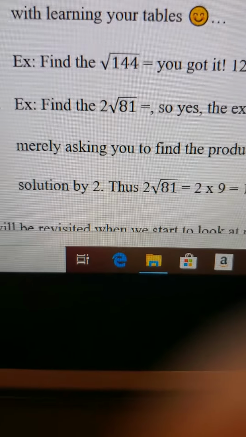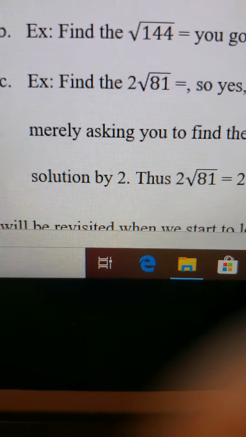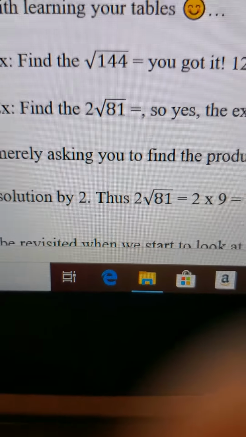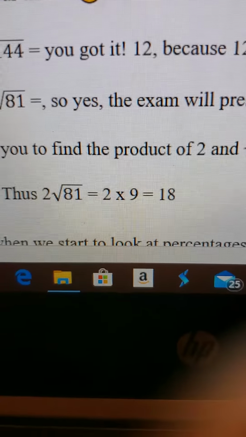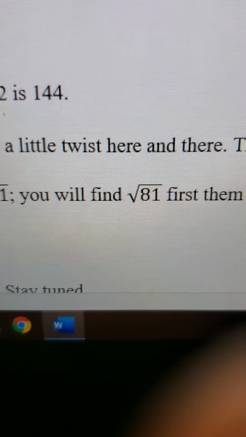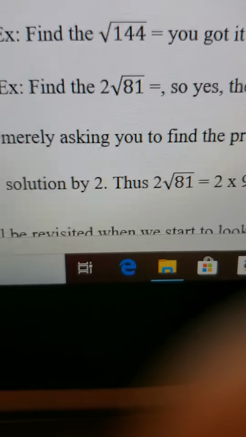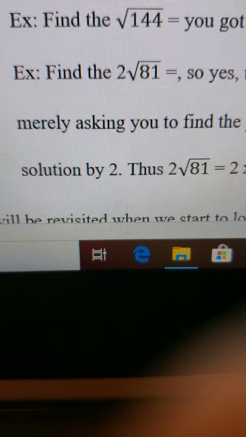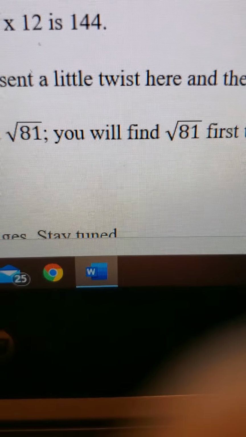Now, on the exam, they're going to present it with a little twist. You're going to see something like this. And this is actually 2 times the square root of 81. So yes, this will be on the exam, and like I said, it'll present a little twist here and there. This example is merely asking you to find the product of 2 and the square root of 81.